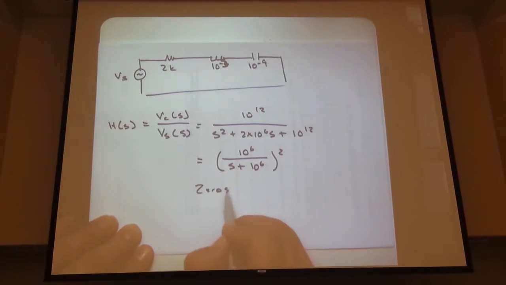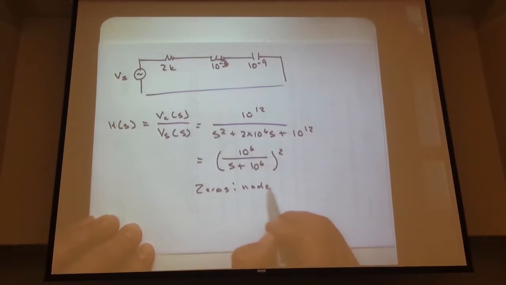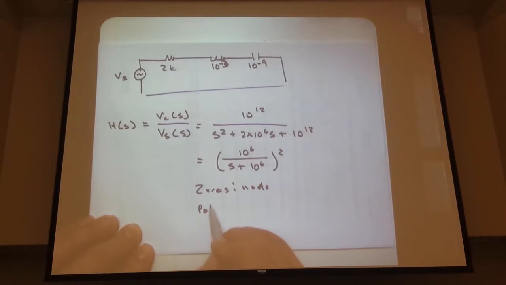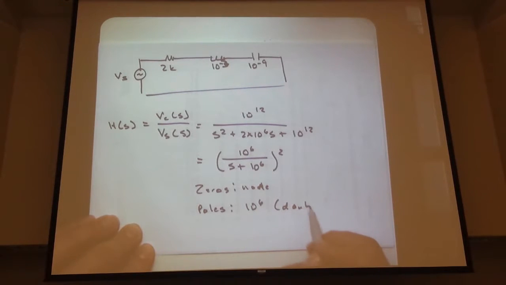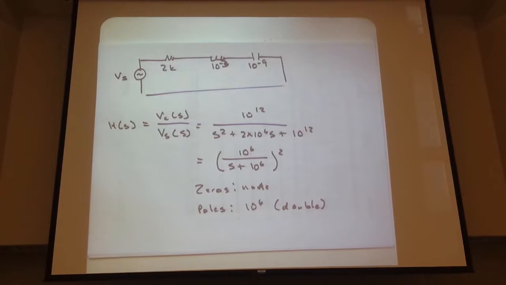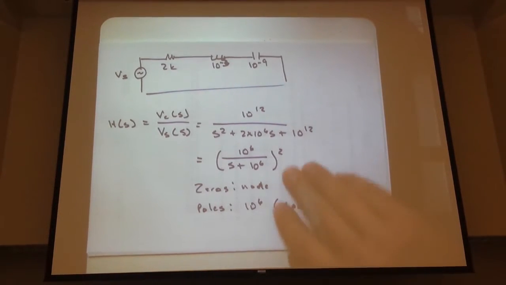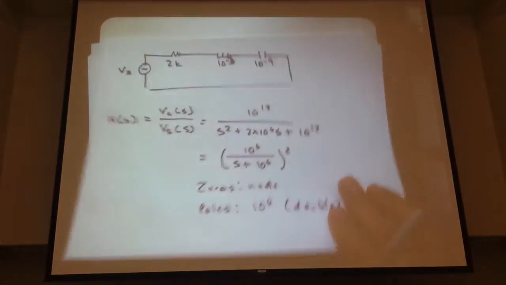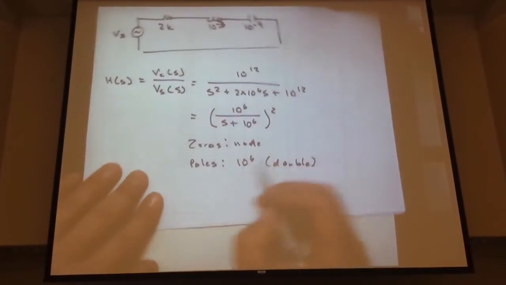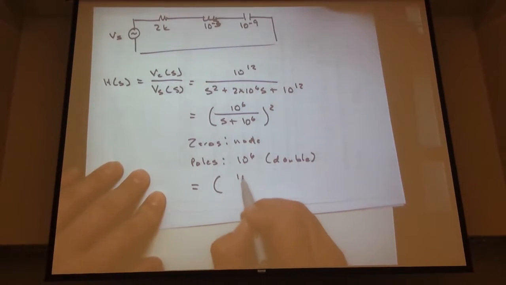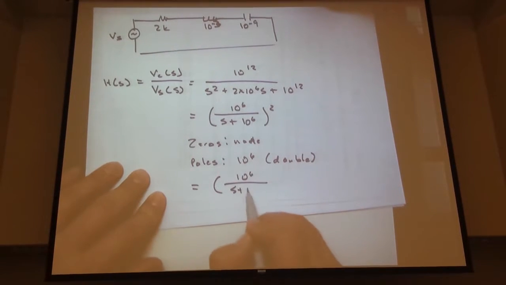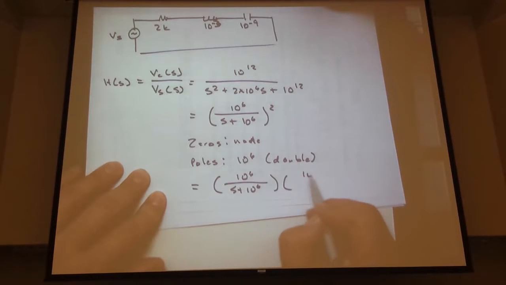Zeros: none. Poles: 10 to the 6, double. This actually looks familiar. If we go ahead and plot this, we recognize, or we can write this one more way, 10 to the 6 over S plus 10 to the 6, times 10 to the 6 over S plus 10 to the 6.